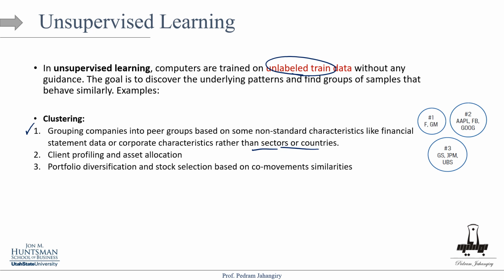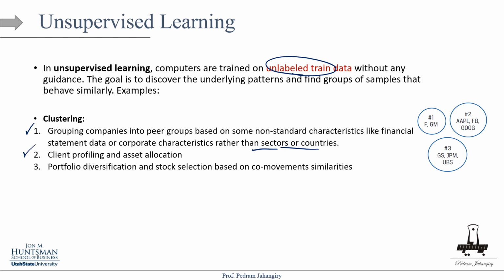But what if you want to make those companies into peer groups based on some non-standard characteristics, like financial statement data or corporate characteristics, right? Remember, we don't necessarily know what we're looking for, and we hope that maybe some pattern pops up that we didn't completely expect, right? So this is one example.